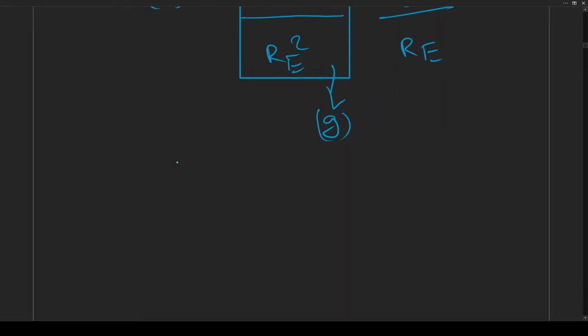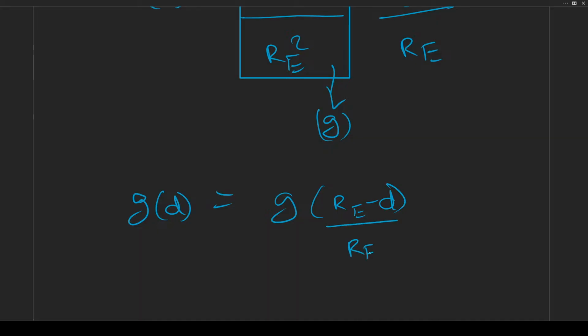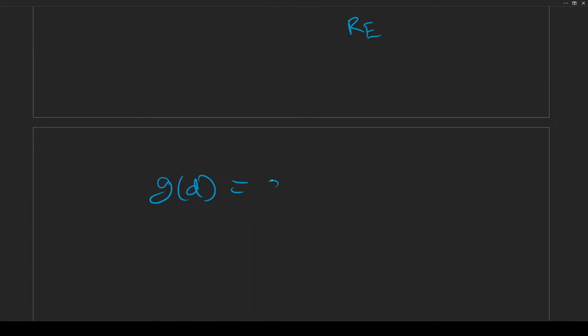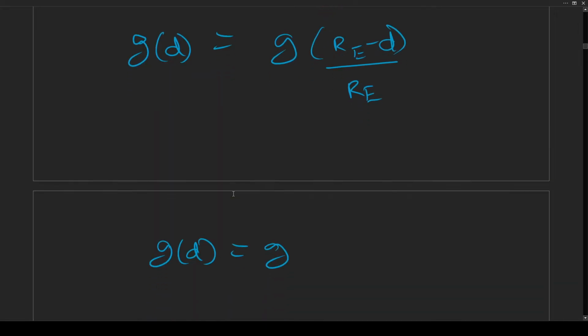Substitute it here, and we get g at depth d equal to g times (Re minus d) by Re, or we can write it as g at depth d equal to g at the surface, which is a very well-known value, 9.8 meters per second squared, times 1 minus d by Re.